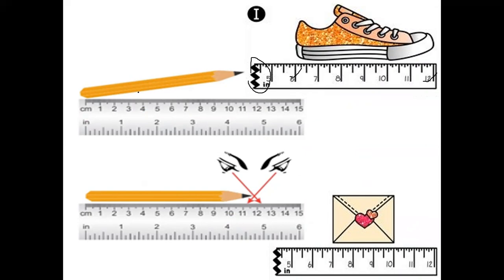And the thing which you are measuring should be exactly close to the scale, and the eyes should be at the proper point. Same with this envelope. This part is broken, so they have measured starting from 7 centimeter.